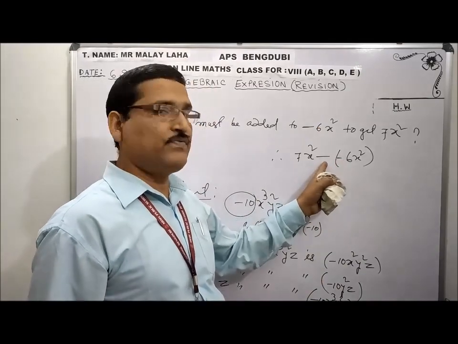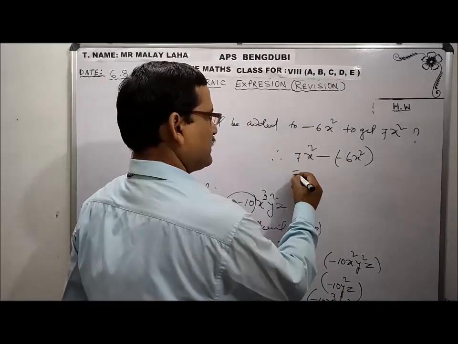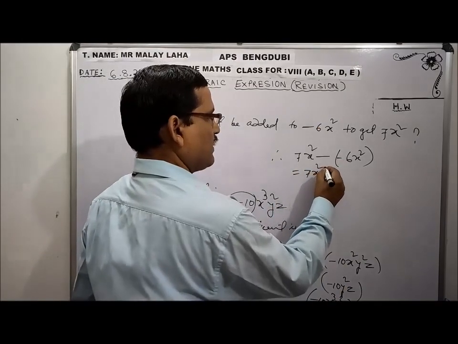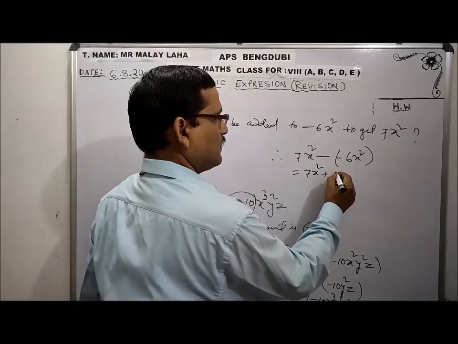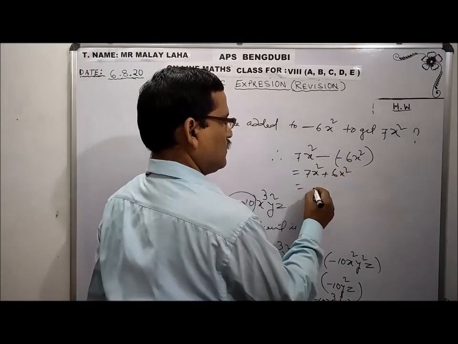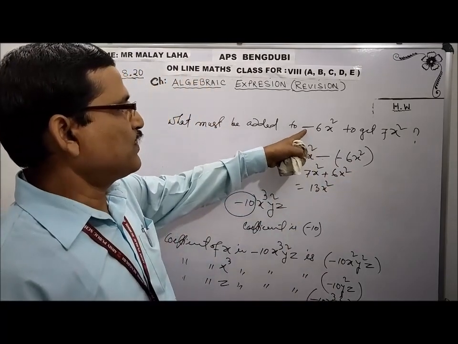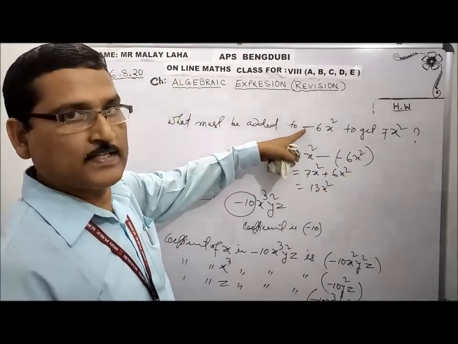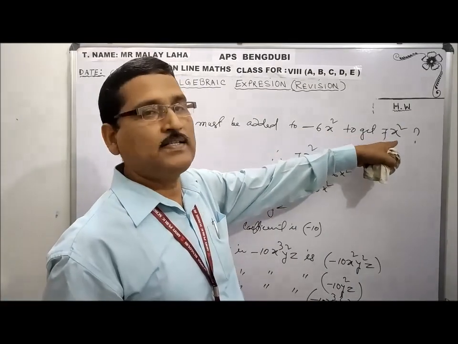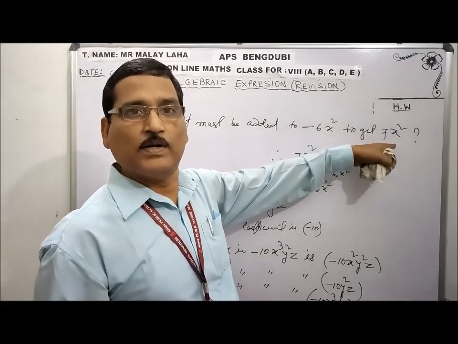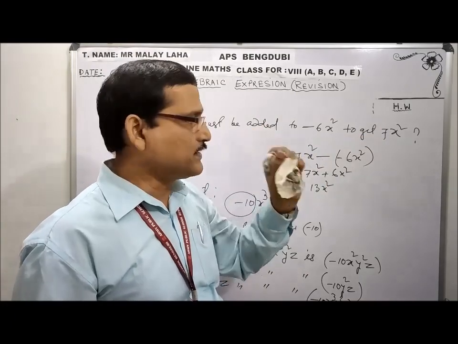After removing the bracket, 7x square minus minus plus 6x square, so 13x square. That means if I add 13x square to minus 6x square, the result will be 7x square. Have you understood?